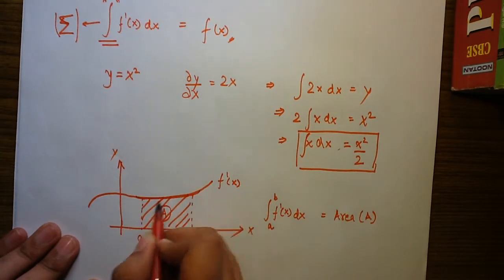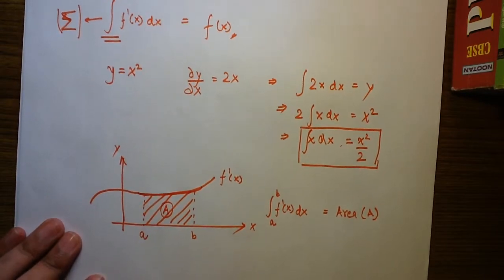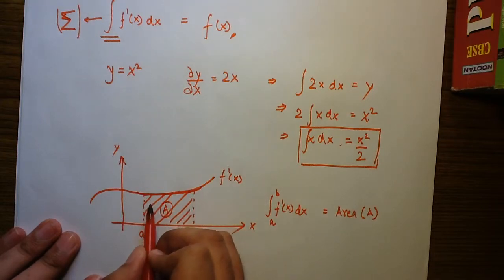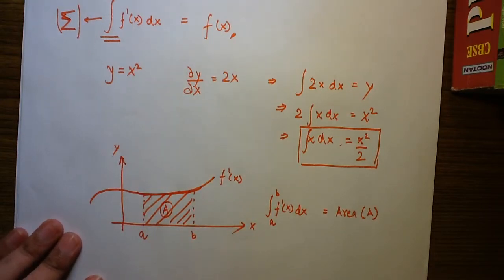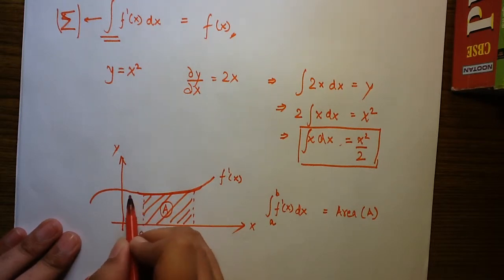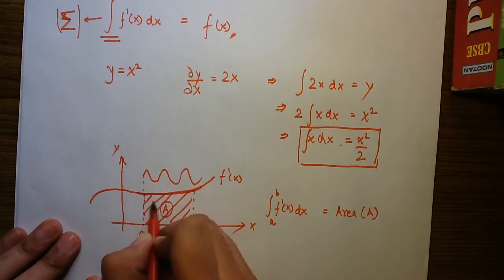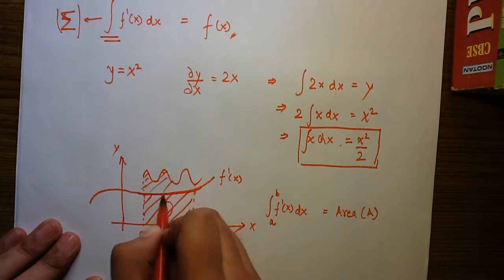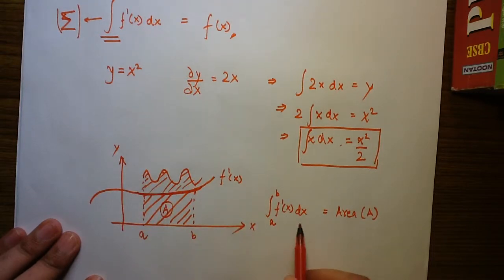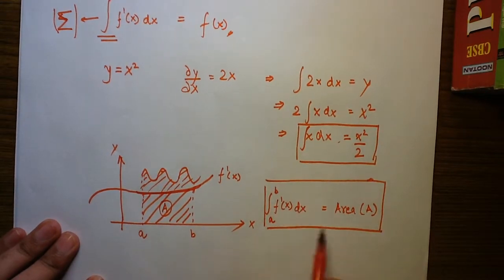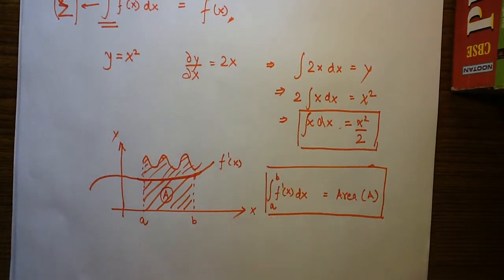So you see, this is not a simple polygon, in fact it is a curved region. So using geometry, it would be difficult for us to calculate its area very precisely. But integral calculus helps us with this purpose, and even if this curve would vary over the range, we could still calculate the area of this region only by using this integration. But for that we really need to know what the integral of this function would be.